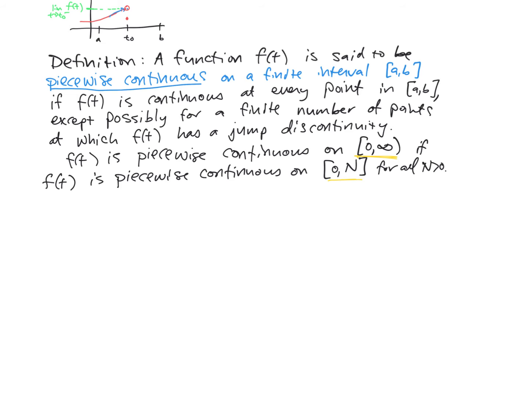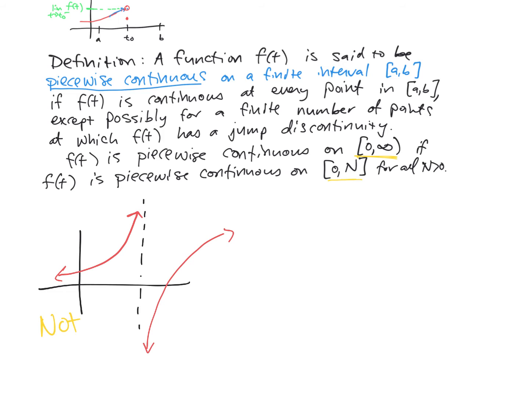First of all, let's give an example of a discontinuity that's not a jump discontinuity. Let's say we have a function that goes like this. It's got a vertical asymptote. So this is not a jump discontinuity.